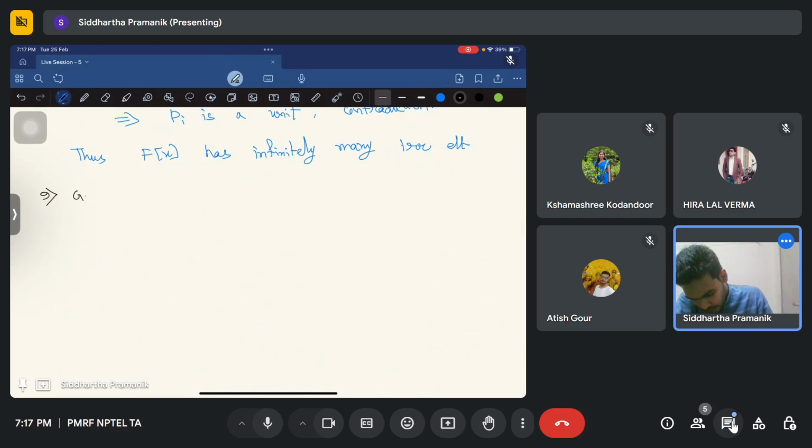So let me write, give an example of a Noetherian domain which is not a UFD.